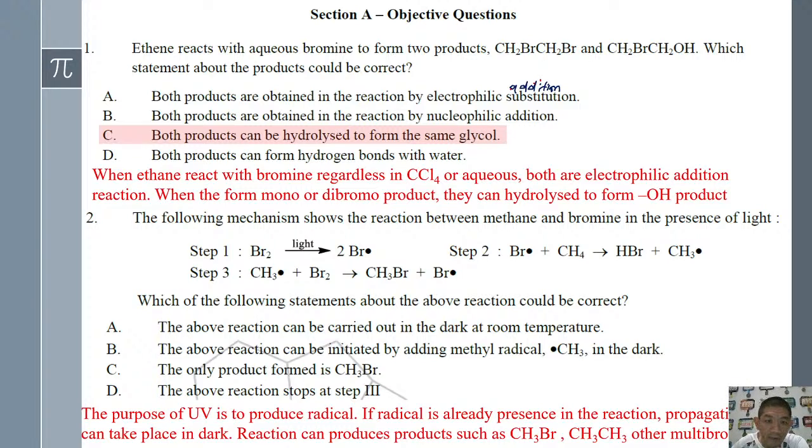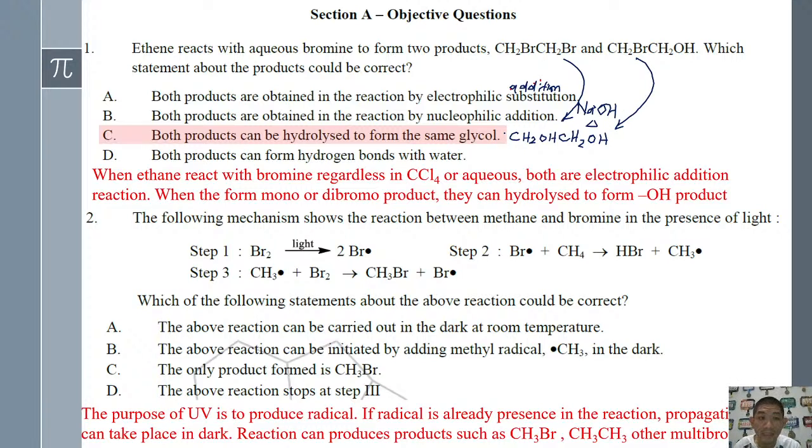C: both products can hydrolyze to form the same glycol. The term glycol here actually refers to CH2OH-CH2OH. This means that after you react this one with NaOH under reflux, and this one with NaOH under reflux, both of them form the same product, glycol.